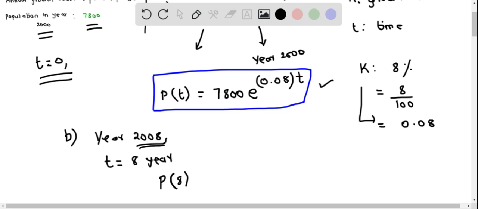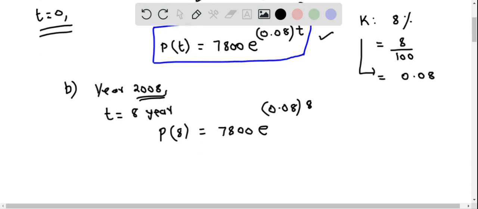So therefore we can plug in t equal to 8. So it becomes P of 8 equals 7800 e raised to the power of 0.08 times 8, which is 7800 e raised to the power of 0.64.